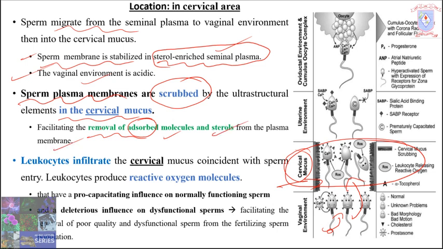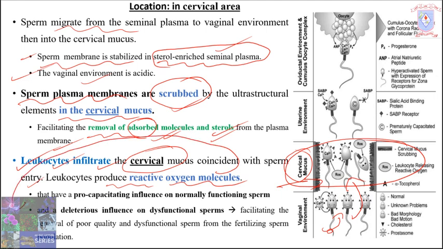The next action that happens in the cervical mucus is that leukocytes infiltrate the cervical mucus. The leukocytes of the female blood in the cervical area infiltrate into the cervical mucus coincident with the sperm entry, and the leukocytes produce reactive oxygen molecules. The reactive oxygen molecules act on the sperm in two ways.